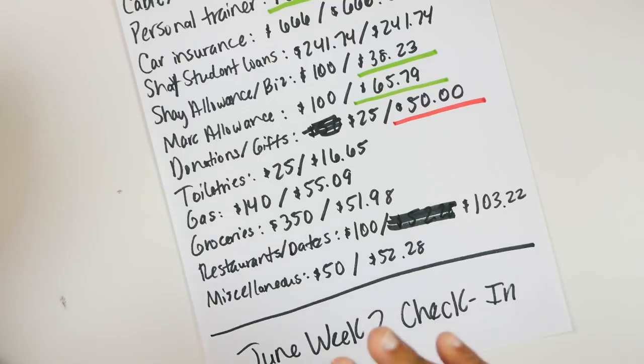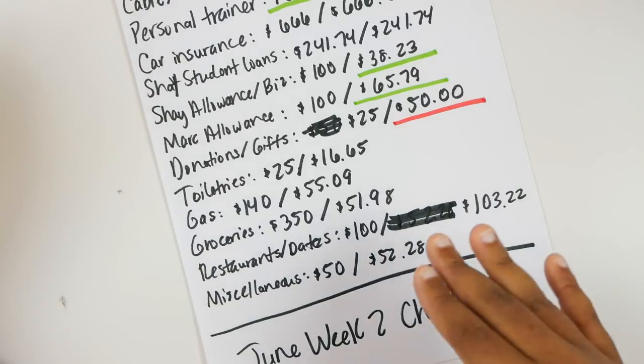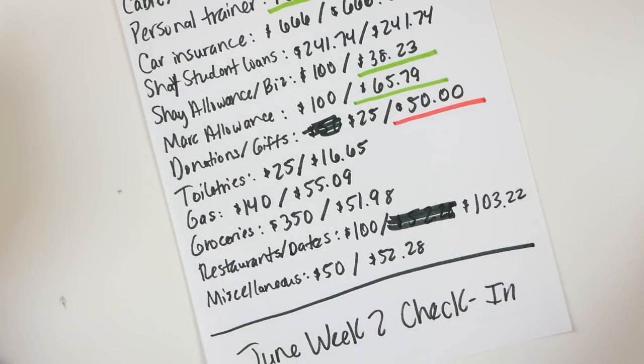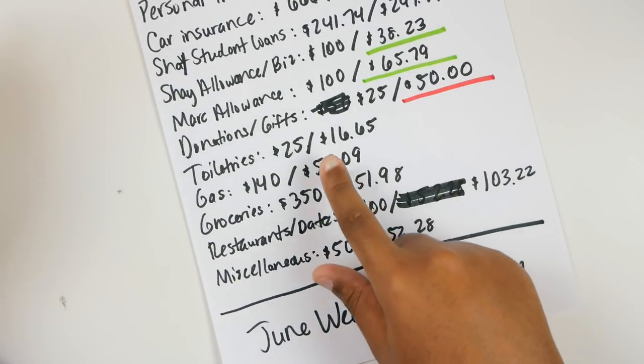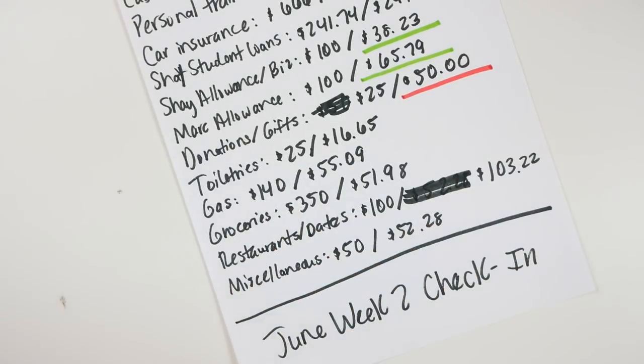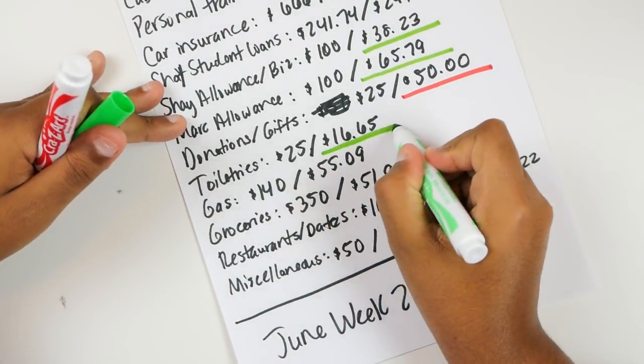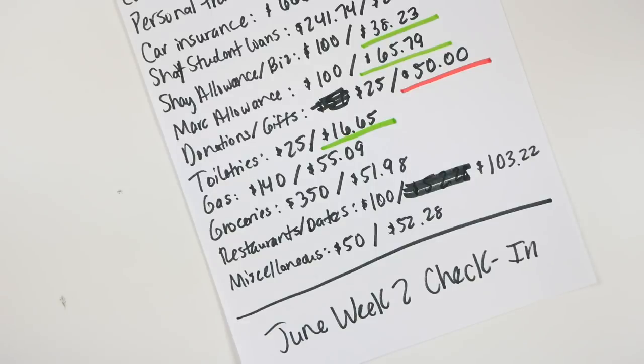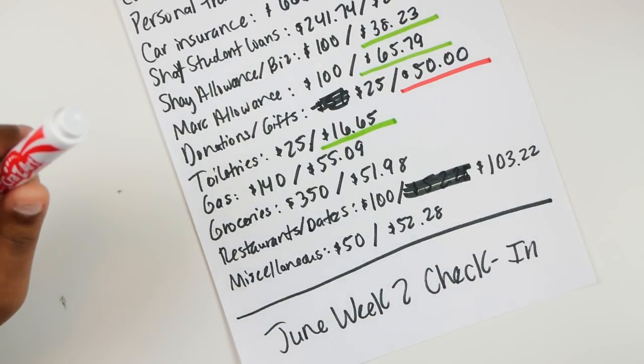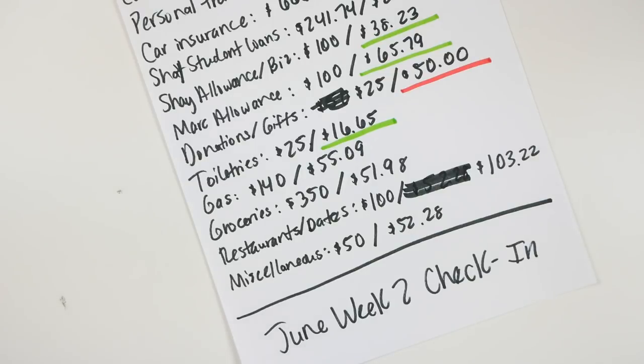One we kind of knew about but forgot about, and the other one we didn't know if we were going to be invited or not. Therefore we're going to be over because of that. Toiletries, we budgeted $25. We are currently at $16.65. I think that we are going to be under budget there. I'm going to try my best to keep it under.